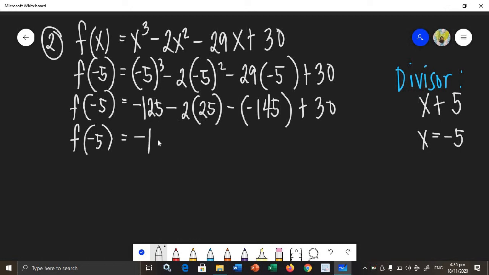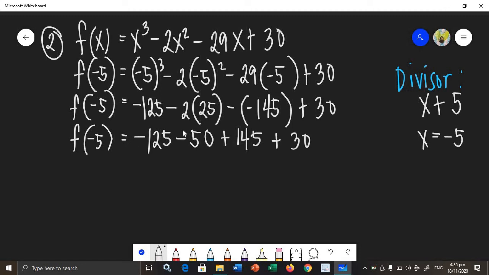So, negative 125. So, here, minus 2 times 25, the answer is 50. And then, here, we need to multiply the signs para mawala yung parentheses. So, negative times negative 145, the answer is positive 145 plus 30.